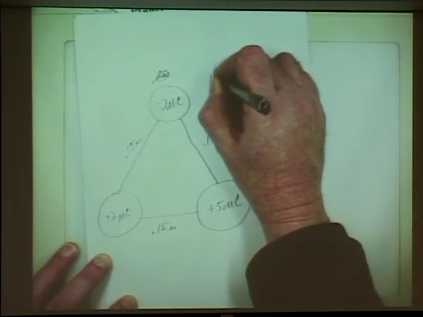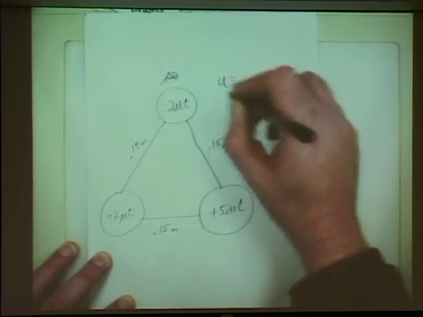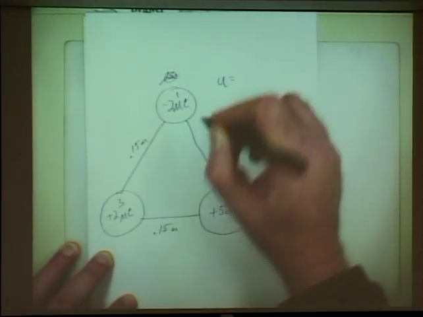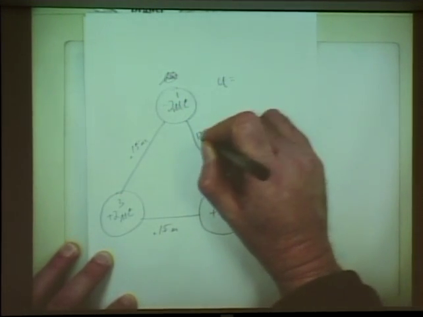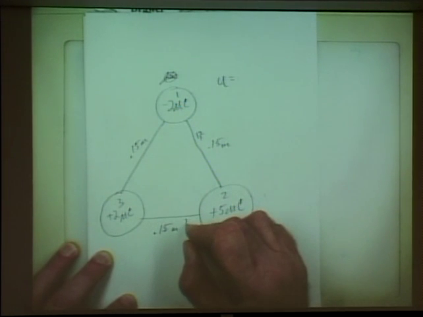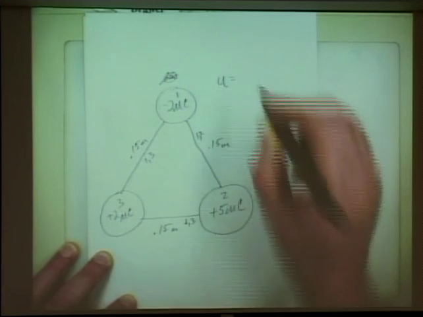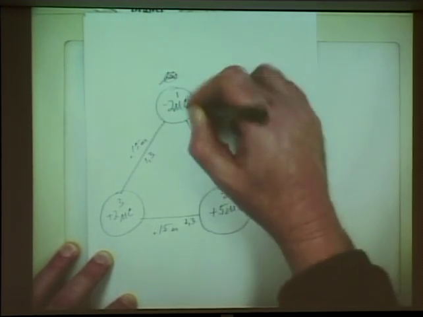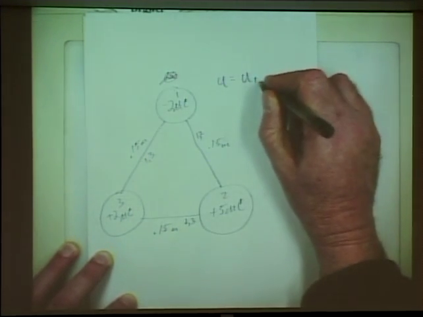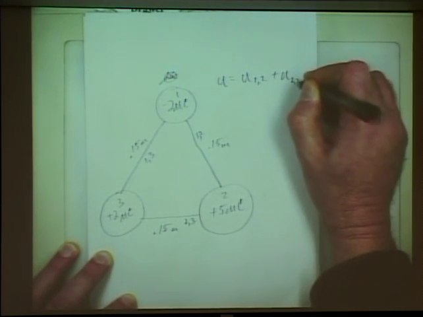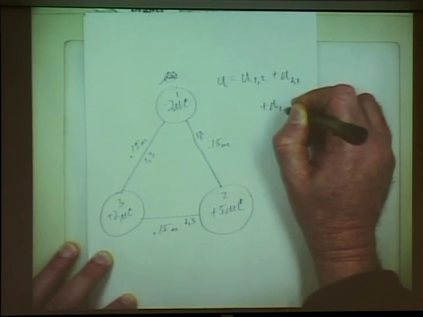The potential energy of this guy, we'll call him charge 1, 2, and 3. And so this would be line 1, 2. This would be line 2, 3. And this would be line 1, 3. Is equal to the U for 1 and 2 plus the U for 2 and 3 plus the U for 1 and 3.